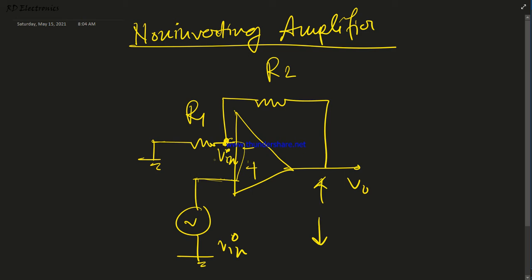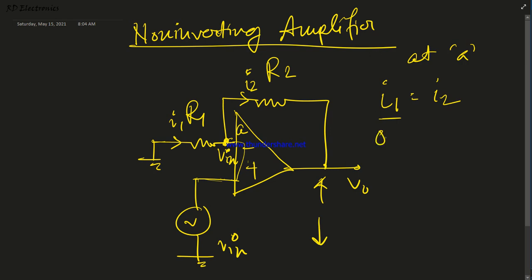Okay, so now if we apply KCL, the I1 current and I2 current directions depend on the KCL notation and also the circuit arrangement. So at point A, I1 equals I2.